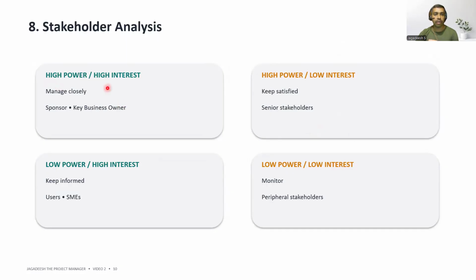If it is high power, high interest, I manage closely, that is the sponsor and key business owner. High power, low interest, keep satisfied: senior stakeholders. Low power, high interest, keep informed: users and SMEs. Low power, low interest, monitor: peripheral stakeholders.